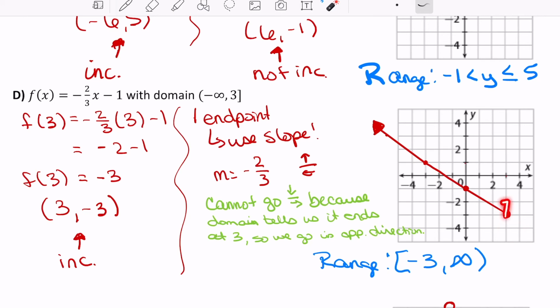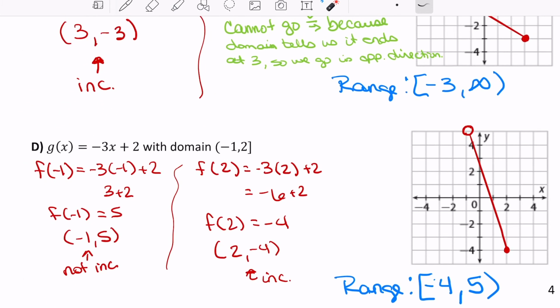So we would go in the opposite direction, up 2 over 3. Or again, you could have used the y-intercept at -1, plotted it, and drawn your function. The range starting at -3 continues on. There's no endpoint, so we go up to infinity, not included.